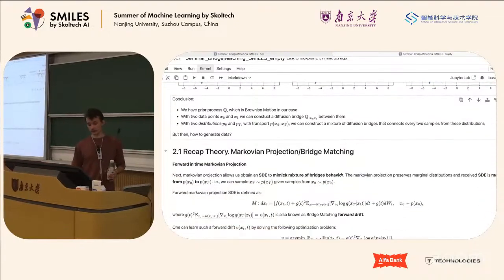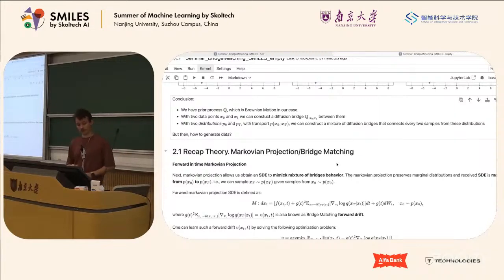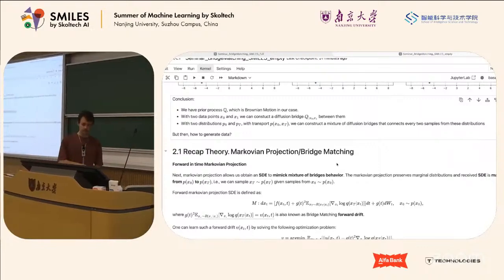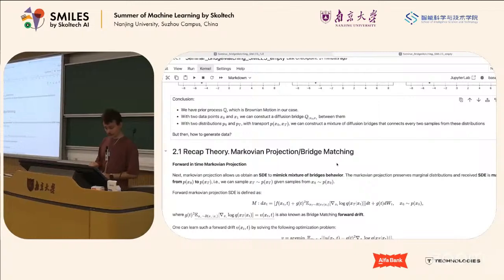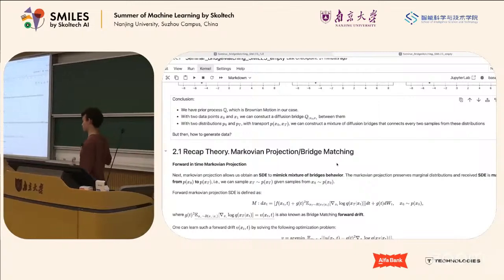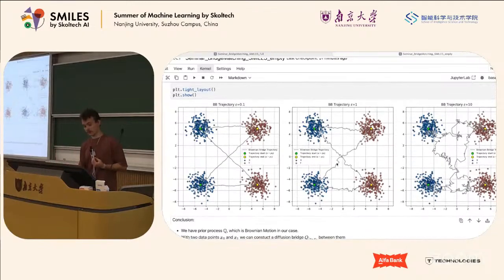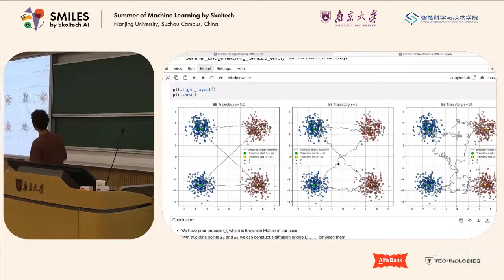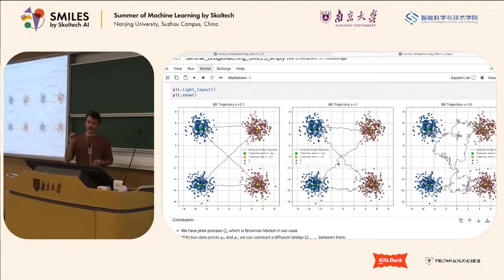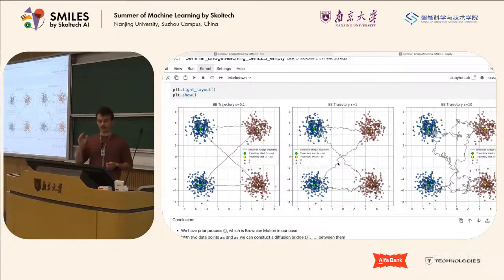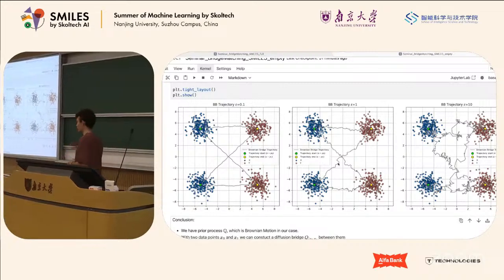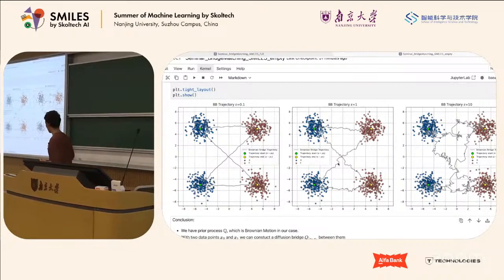What we can do is recap that we can do a Markovian projection, or bridge matching, that Alexander told about in the lecture, and in particular implement forward in time bridge matching. What it basically does, in 2 words: we take this reciprocal process that we have on each of these plots, and we find the closest Markovian process, or stochastic differential equation in our case.